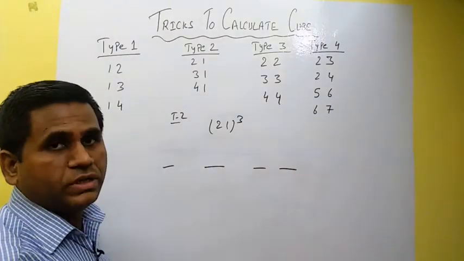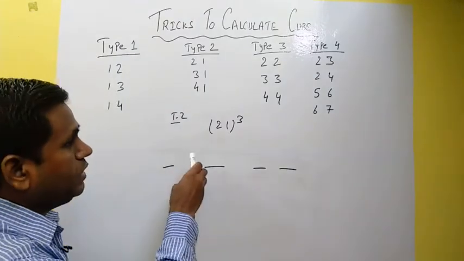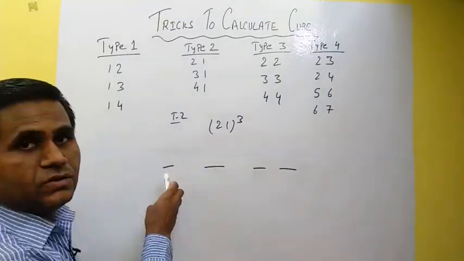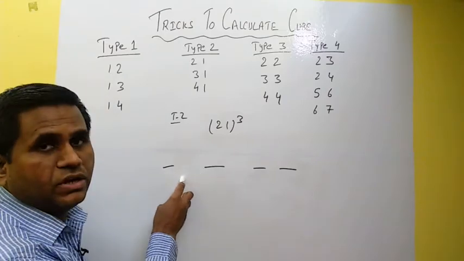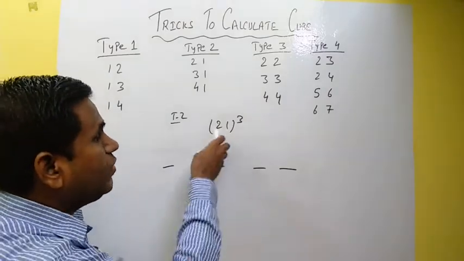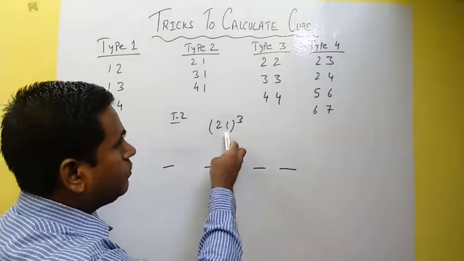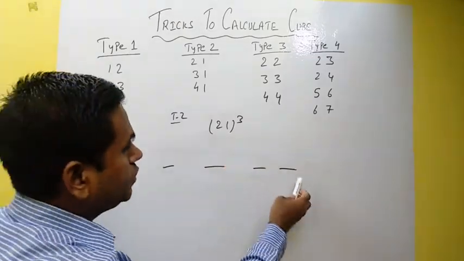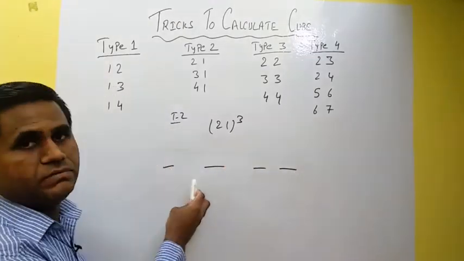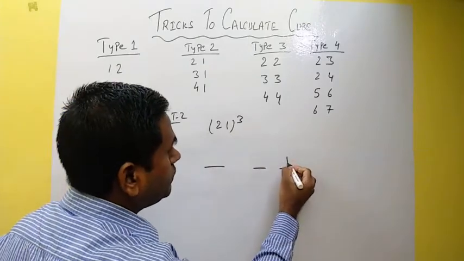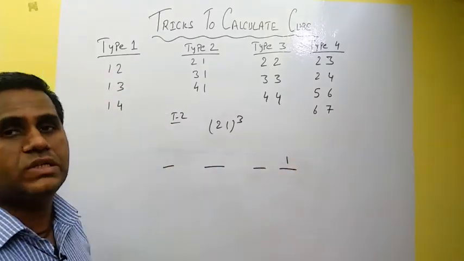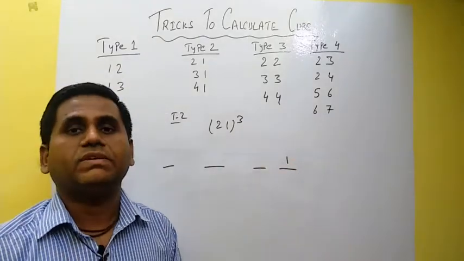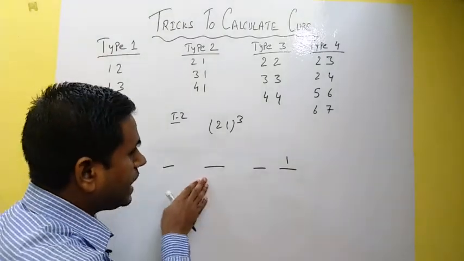In the previous one, type 1 was at the starting, so we used to start from here filling up these digits. Now here 1 is at the end, or we can say it is at the right side. So we will start from right side filling up. So 1 is here, so we will write 1 here. Only this is the change in type 1 and type 2. Rest everything is same.